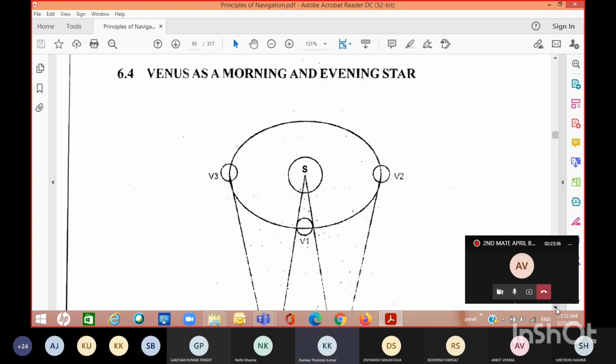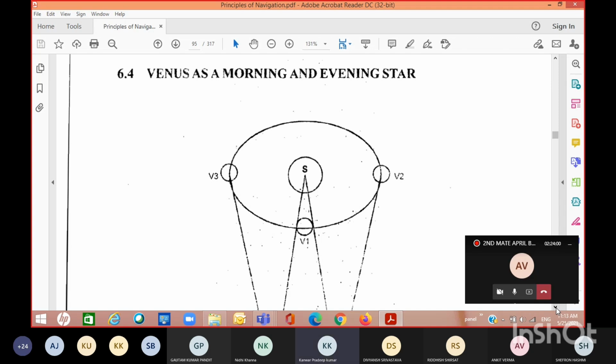It goes close to the sun. If you look at this figure, when Venus is in line with the sun or behind the sun, sometimes maybe you will not be able to see it, depending upon the declination also. Sometimes you can see.